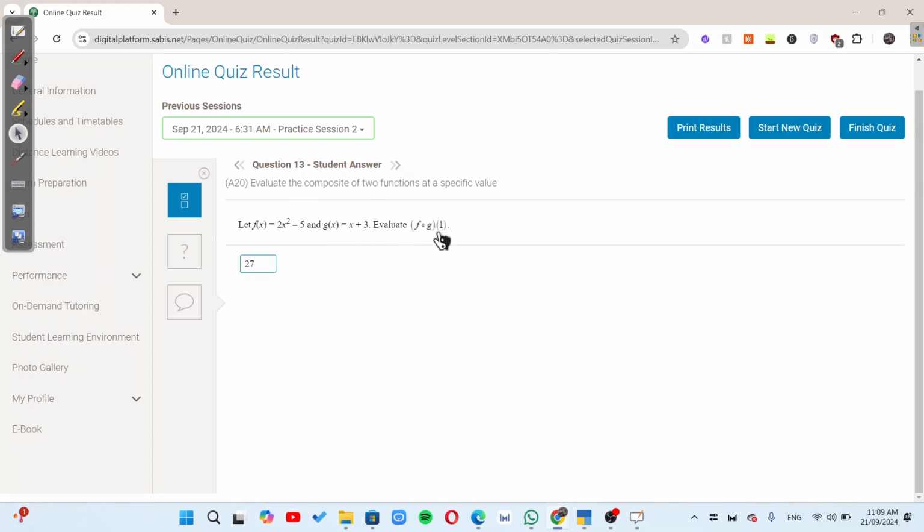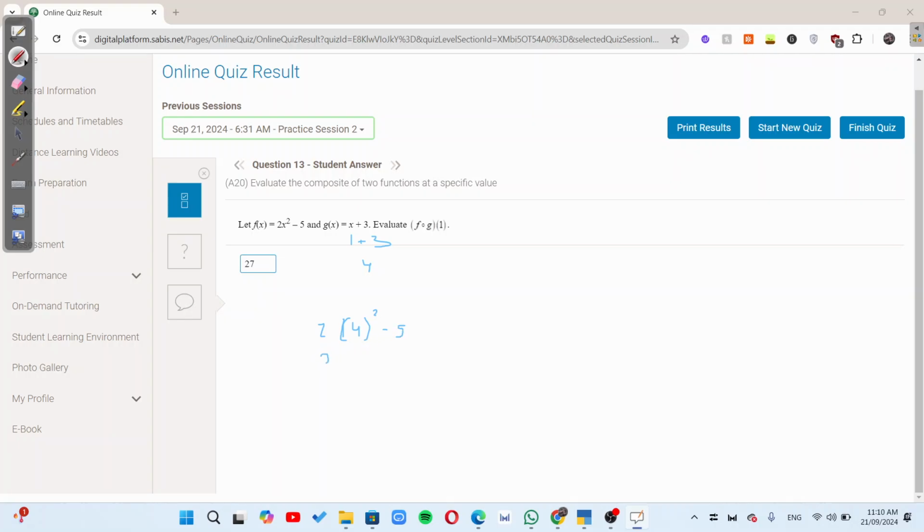Okay, so now they want f∘g of 1. There are a lot of these questions in this quiz. So for g, you have to put 1 here plus 3. So it's 4. Now 2 times 4, it's supposed to be a bracket, squared, minus 5.